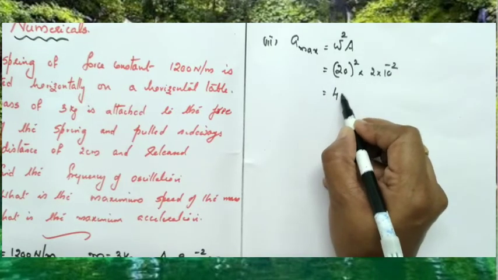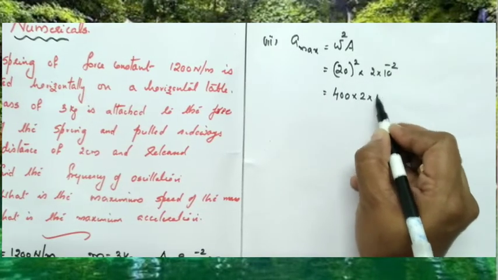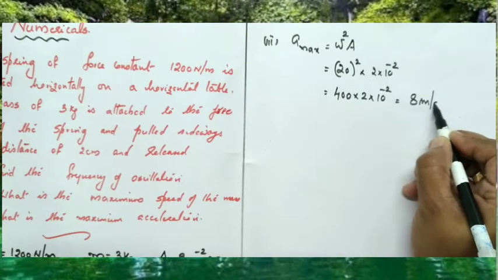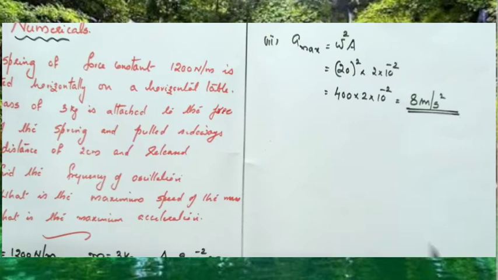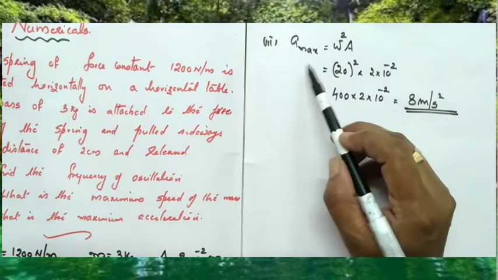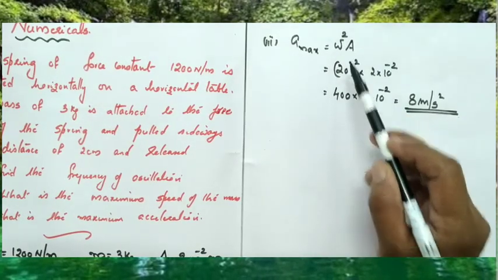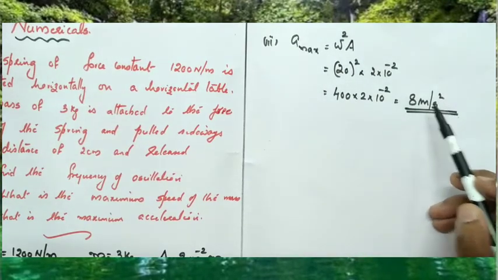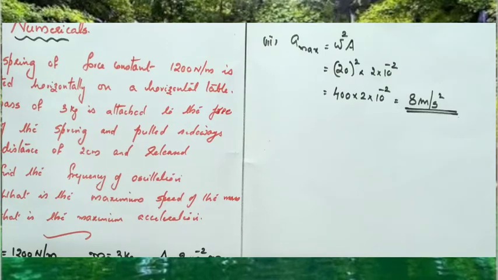So it is 400 into 2 into 10 raised to minus 2, that is equal to 8 meter per second square. Maximum acceleration is omega square A, and its value is 8 meter per second square. Okay children.